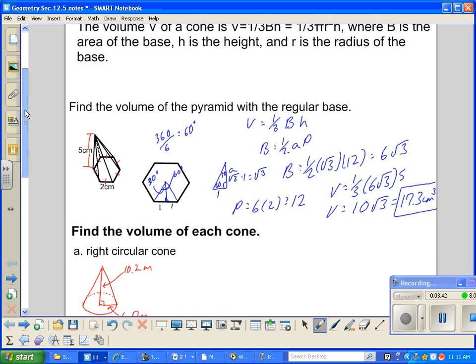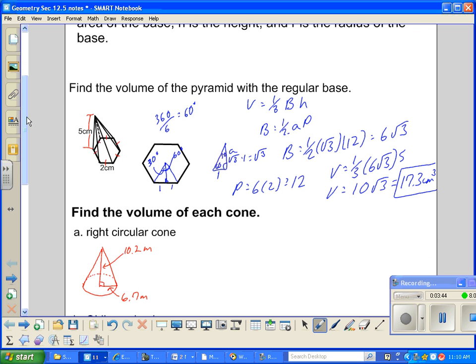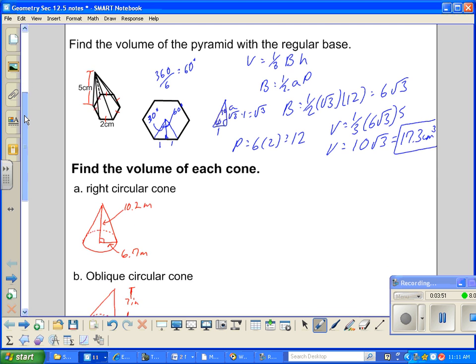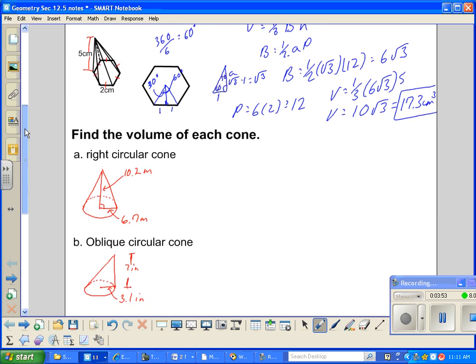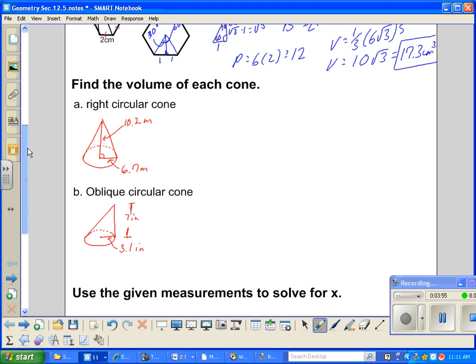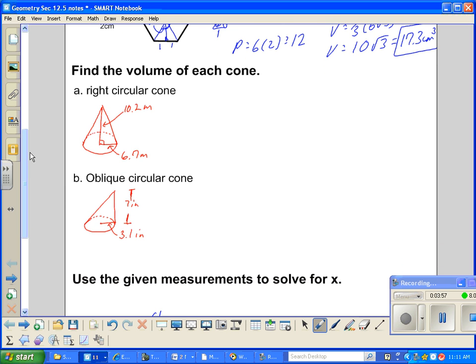All right, so that was the most difficult option for volume of a pyramid, since we had a hexagon for the base. It would have been much easier if it was a square or triangle. But so then from there, we're moving on to cones. We got a right circular cone and an oblique circular cone we're going to find the volume of.